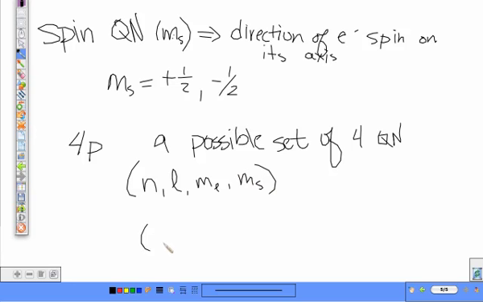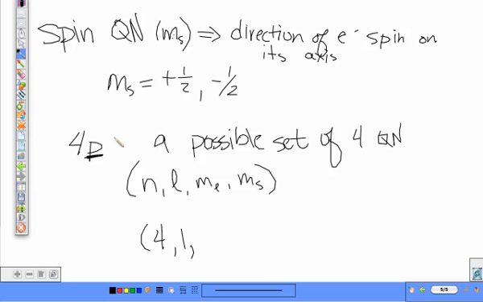So what's n? 4. What's l? 1, because it's a p orbital, and p's l value is 1.